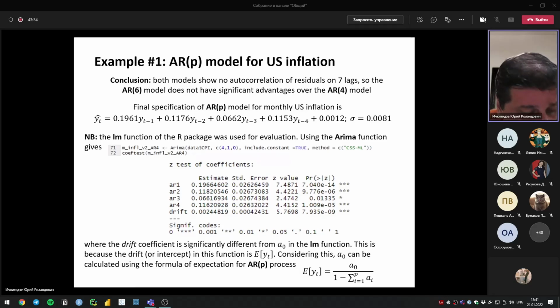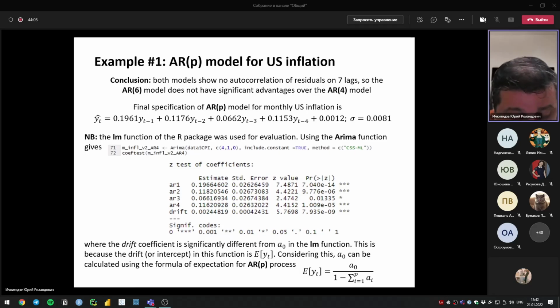What else is important? If you use the ARMA function to estimate the autoregression parameters, so I used the LM function in the previous slide, and if you use the ARMA function, you will find its syntax in the IR example file in your handouts, and take the syntax from there and repeat the calculation.